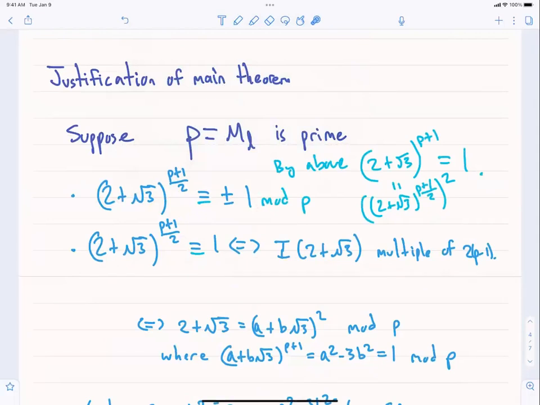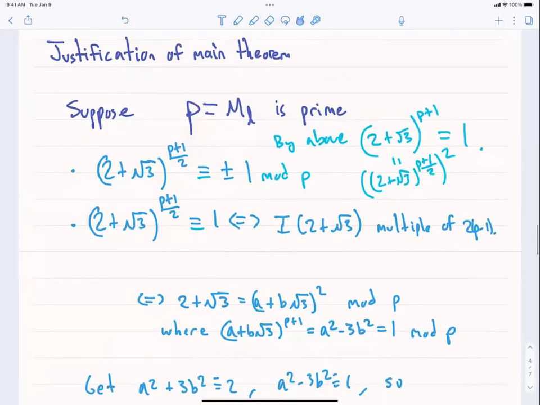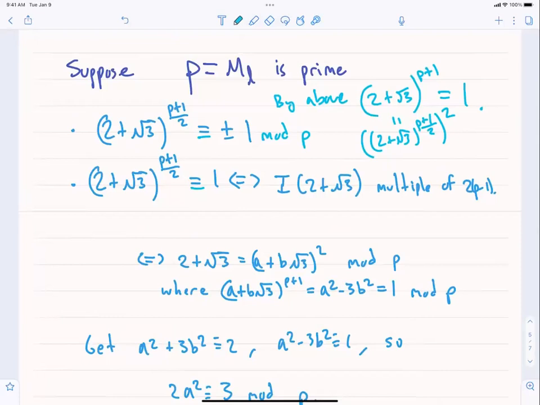Okay, so let me roughly explain the argument for that. Suppose that it was equal to 1. Well, the only way that can happen is if I take a discrete logarithm. So here, this is a discrete log for F_p squared, square root of 3.